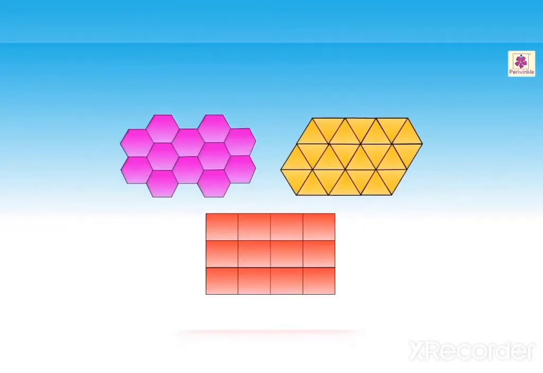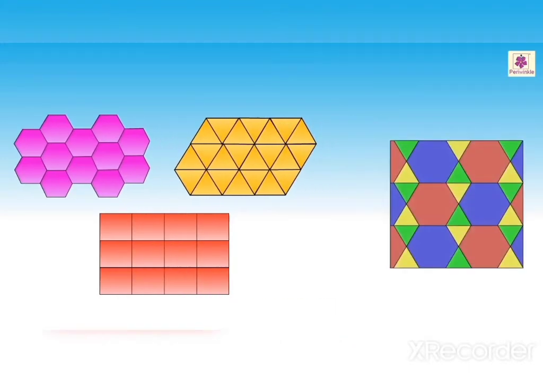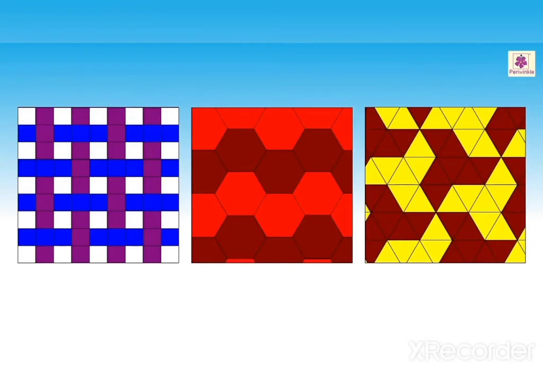The tessellation can either be made with a single 2D shape or a combination of more than one 2D shape. All the shapes are arranged in a special manner to get the patterns.